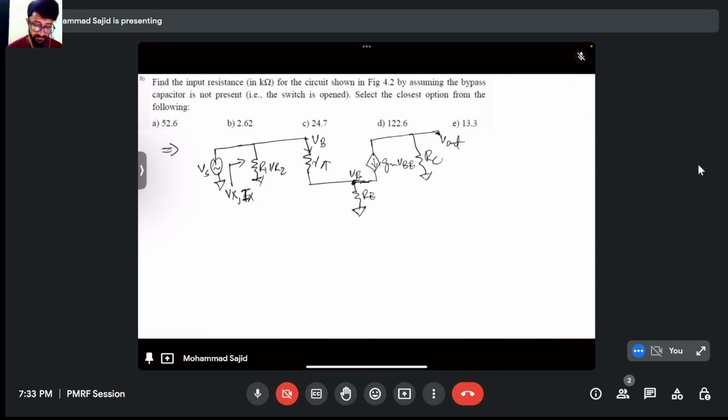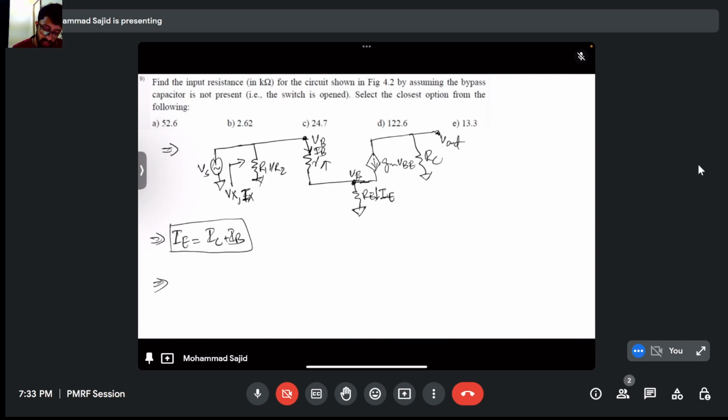So here, what is the current that flows in this branch? IB, right? And this is my emitter. What is the current that flows in this branch? IE, right? So I know IE is equivalent to IC plus IB. Just remember this, we may use it.